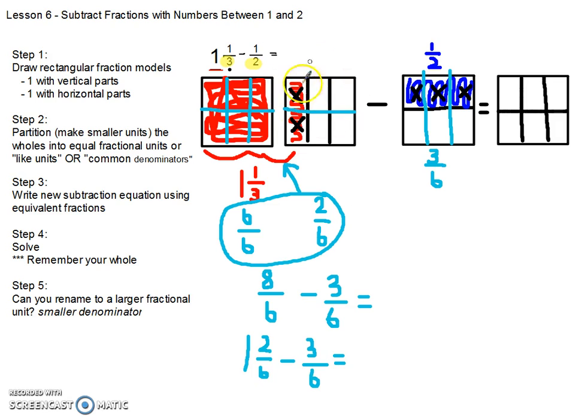And you notice there's no more fractional part, so I have to go to my whole and take away one of those parts. And what I'm left with, if you're looking over here, I have 1, 2, 3, 4, 5.